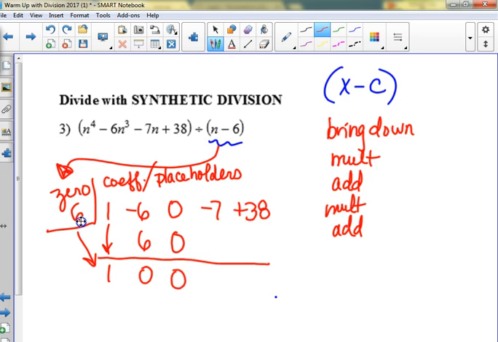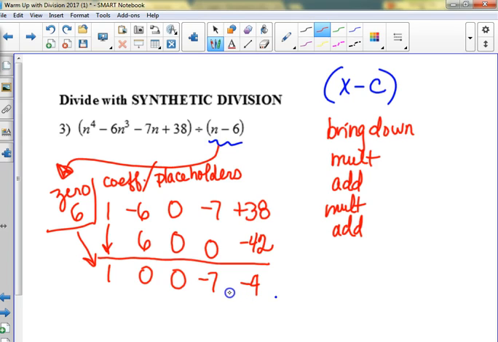I even make mistakes on the easiest parts of this sometimes. 6 times 0 is 0 again. Add, negative 7. Multiply, 42. And add, is it 4? On a good day?